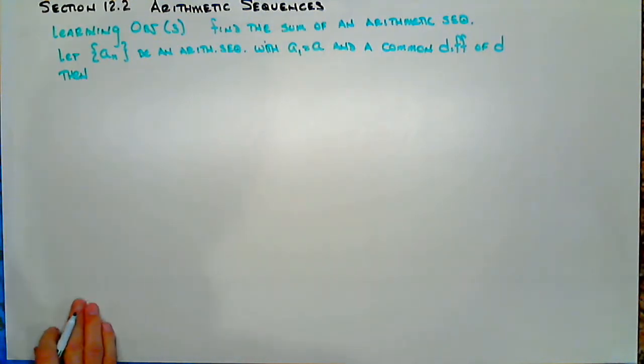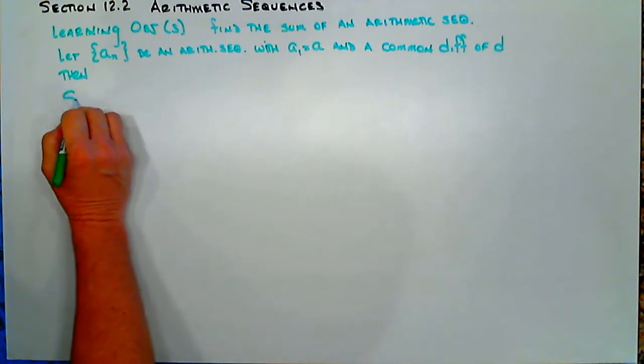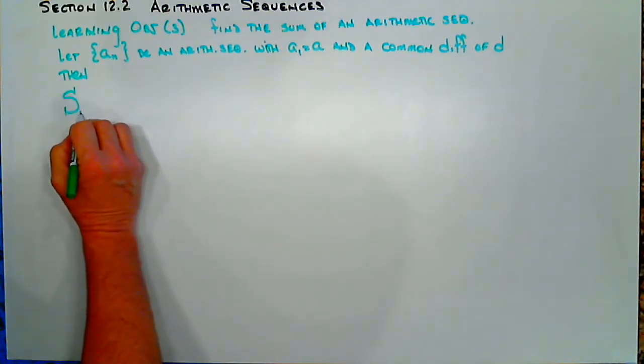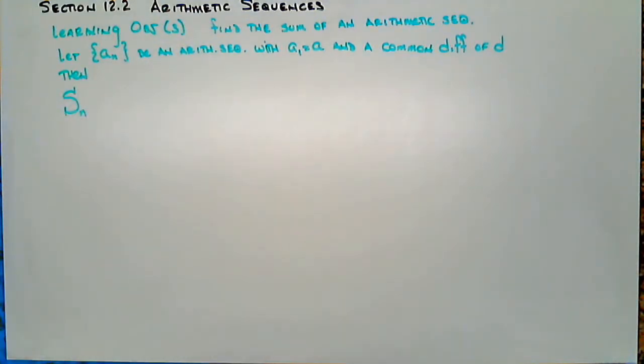Well, we can write down the sum, all right? Now, where is the sum going to come from? What is the sum going to look like? Well, first of all, it needs to be pointed out that we're only finding a finite sum. We're finding s sub n.